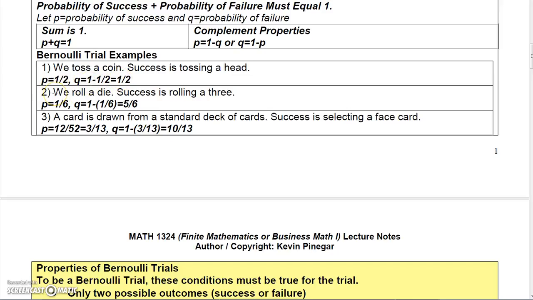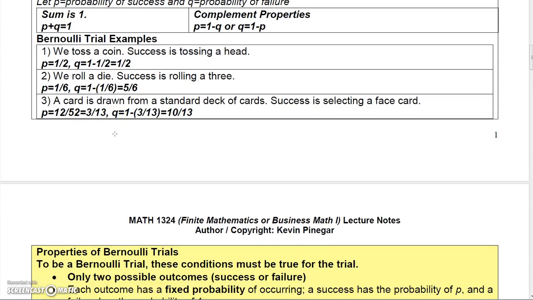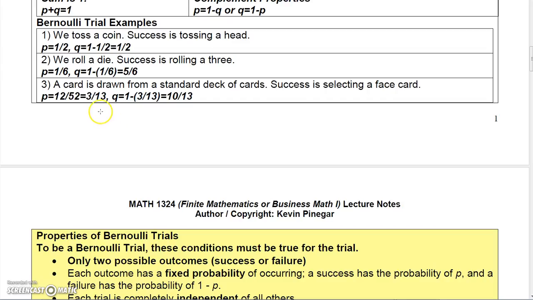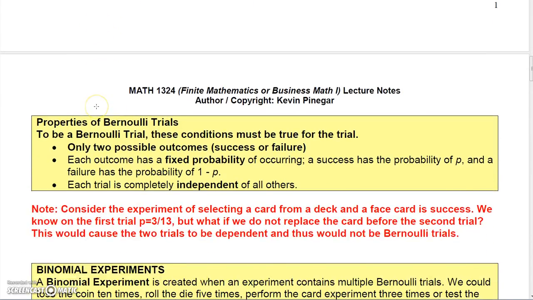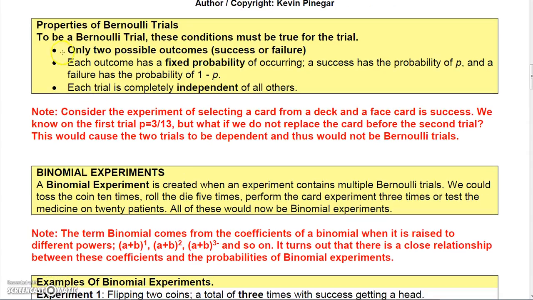If we roll a die and say success is rolling a 3, then p would be 1/6, and q, which would be failure, not rolling a 3, would be 1 minus 1/6, so that probability would be 5/6. If a card is drawn from a standard deck, and success is selecting a face card, then p would be 12 out of 52, which is 3/13, and failure, not drawing a face card, would be 1 minus 3/13, which would be 10/13.